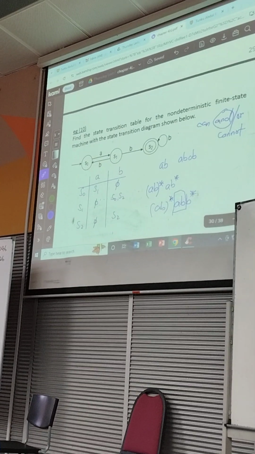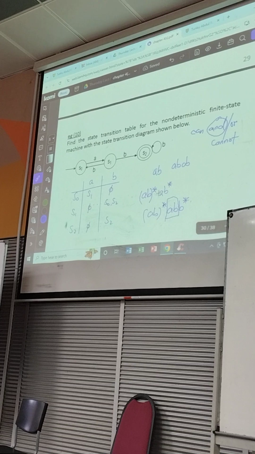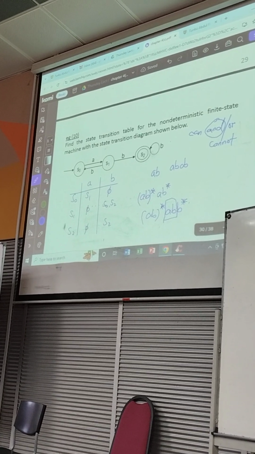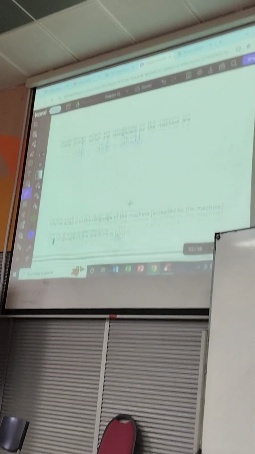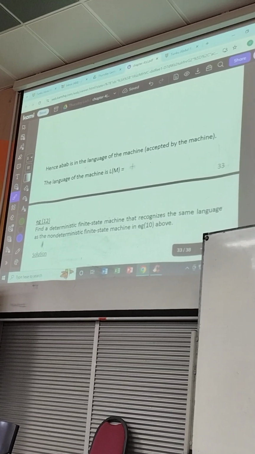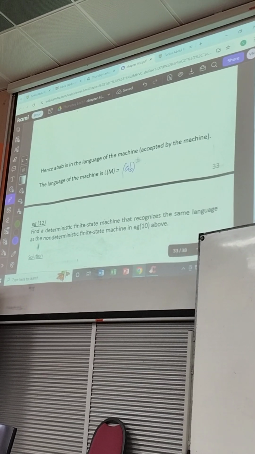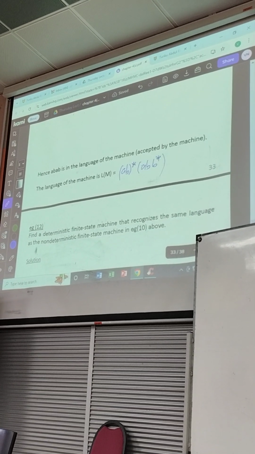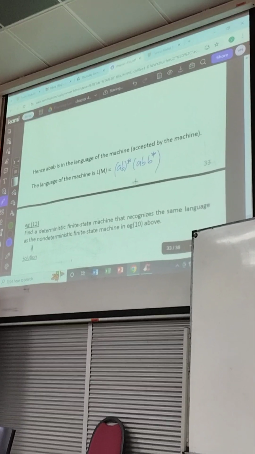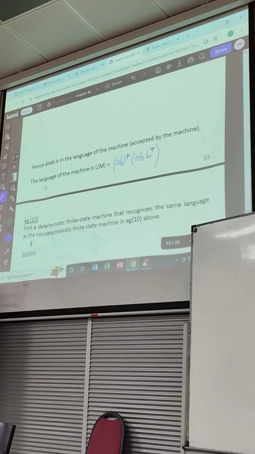Okay? So this loop is at the back. You want to go to the loop or not? It's up to you. So the LM now, conclusion: AB asterisk, ABB asterisk. Right? You get this.